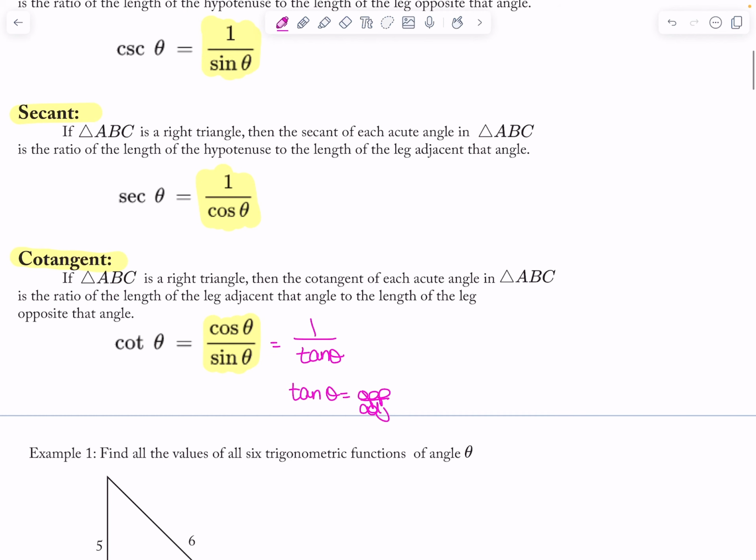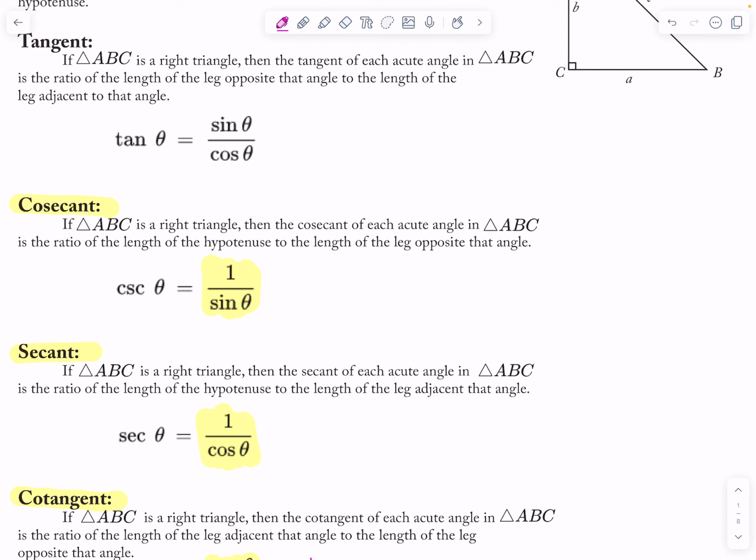The reason I could define tangent as sine over cosine is because if I had opposite over hypotenuse and then adjacent over hypotenuse, then I'd have opposite over hypotenuse times hypotenuse over adjacent, because I invert and multiply, and my hypotenuses cancel out and I'm left with opposite over adjacent.